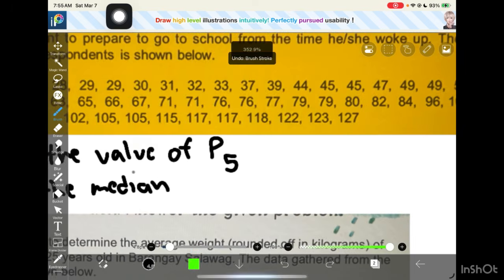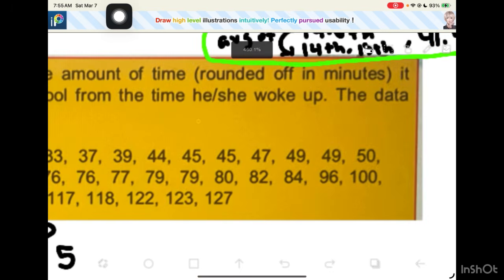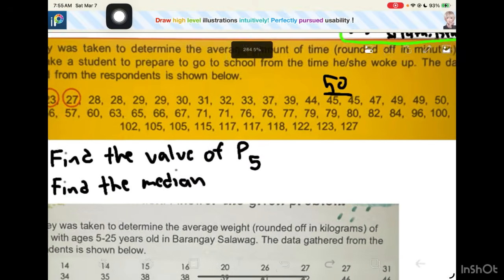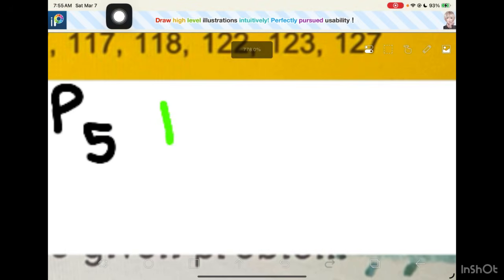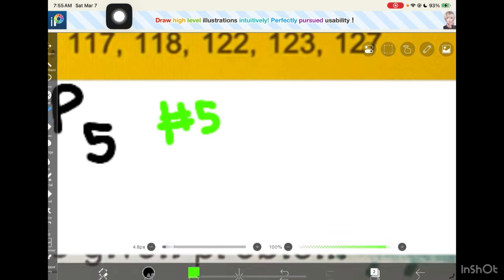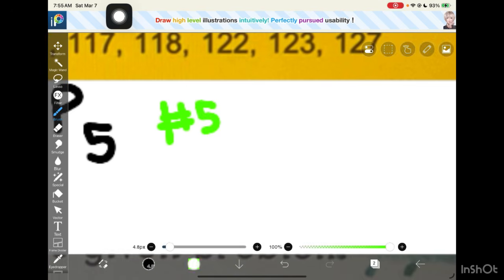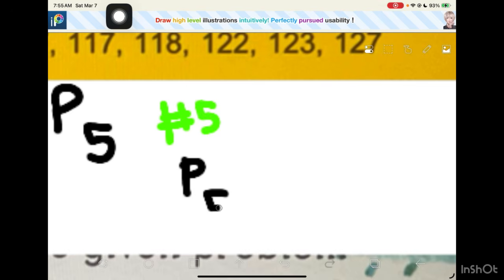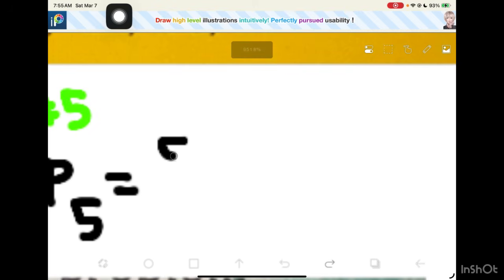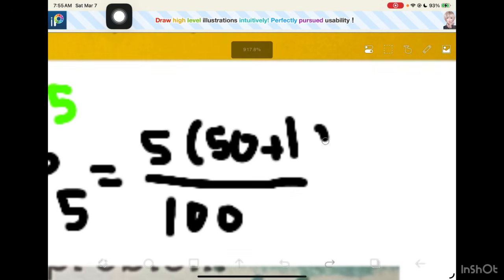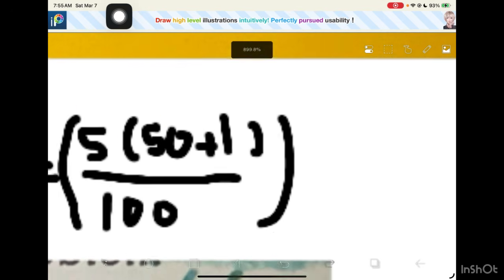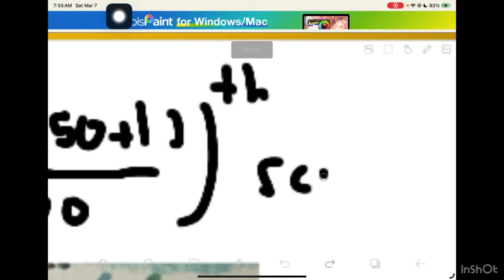So since we now know that n is 50, we can find the value of P5. Just like the same thing again, we have to do P of 5 is equal to 5 times 50, because that's our n, plus 1 over 100.